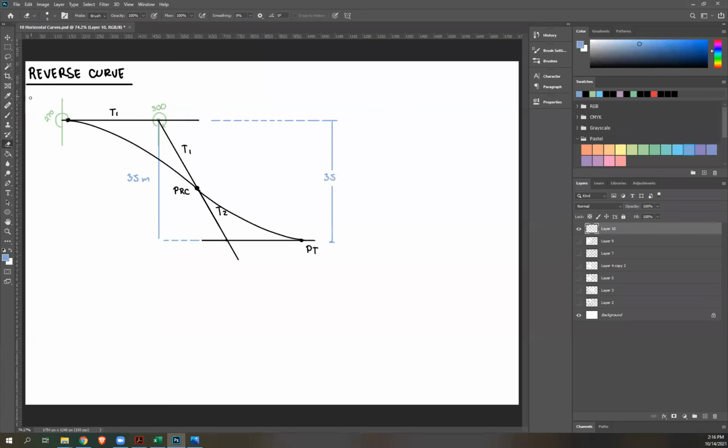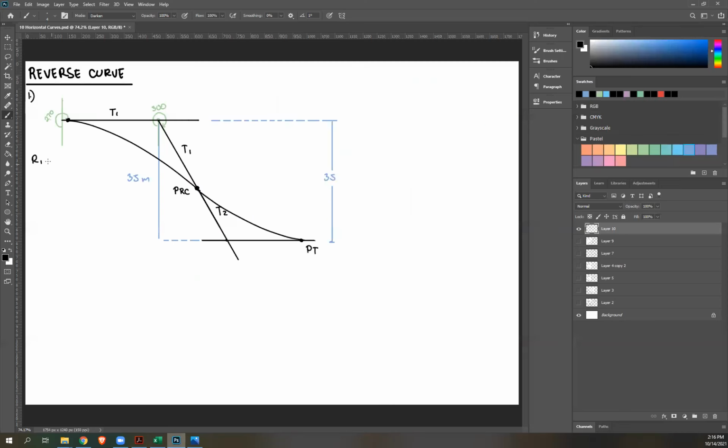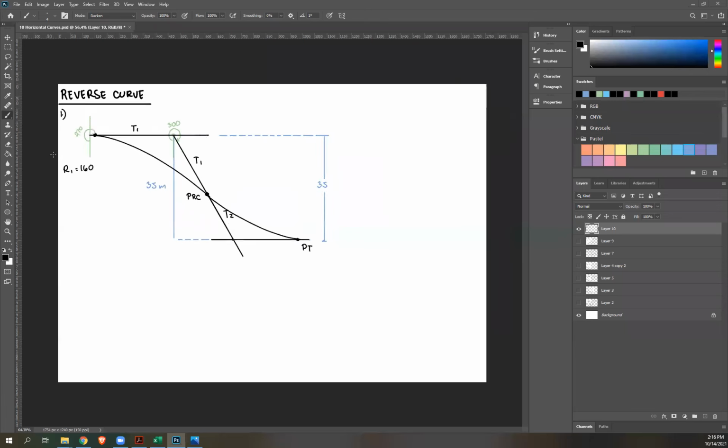Then let's write the other ones. Given R1, 160. And the goal is to get the radius of the second curve.